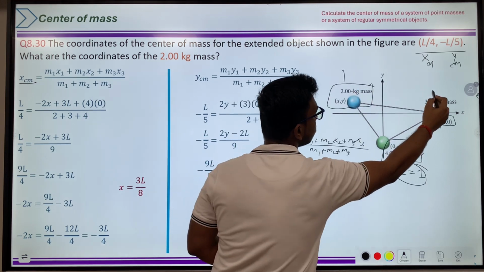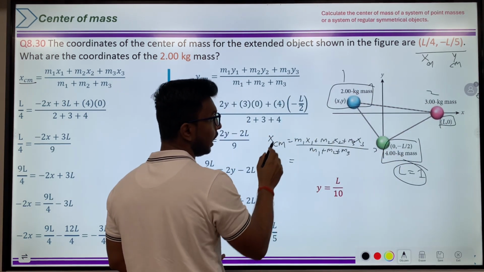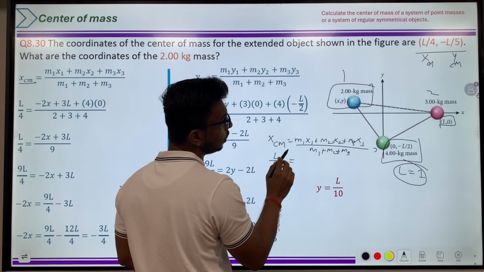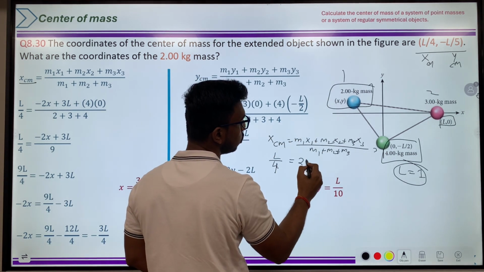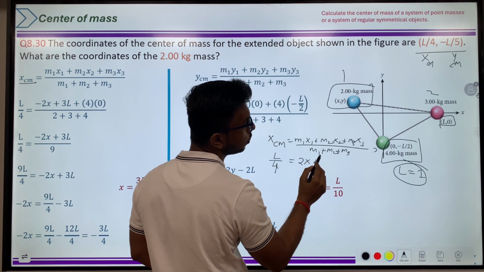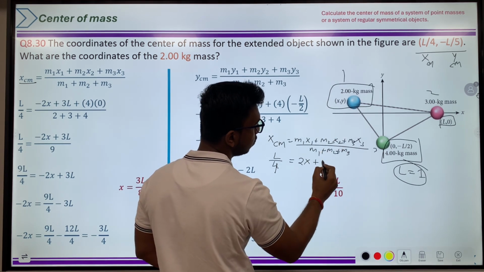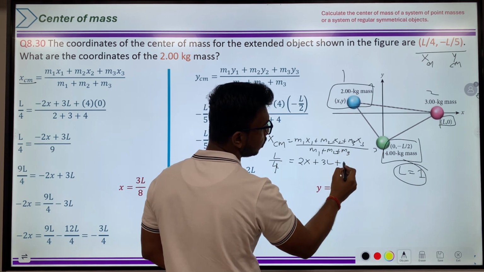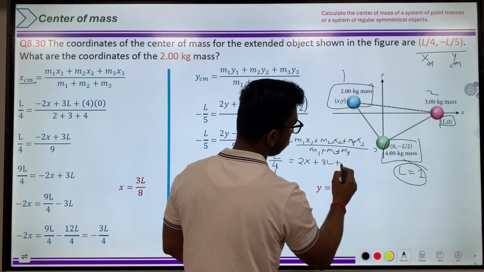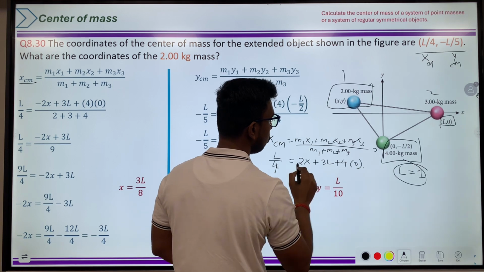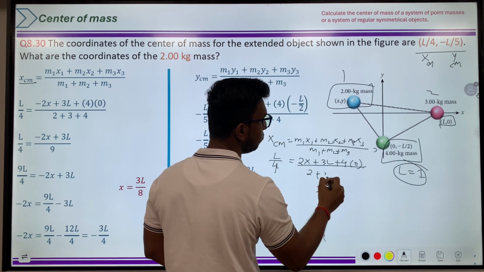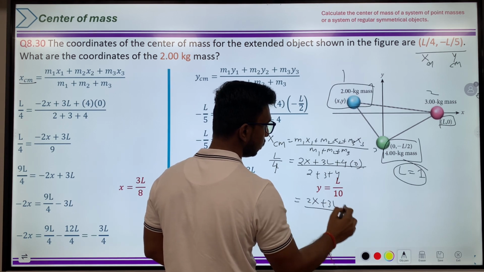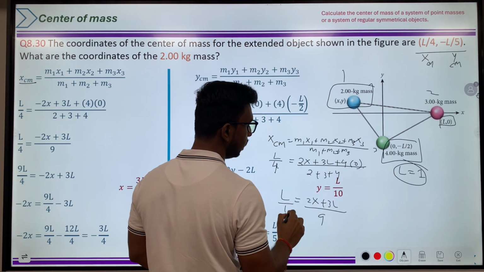Take this as 1, take this as 2, take this as 3. xcm is L by 4. m1, the mass is 2 kilos, so 2x plus m2, the mass is 3 times L plus 3 times 0, the mass is 4 times 0 over 2 plus 3 plus 4. What do I get? 2x plus 3L over 9 is equal to L by 4.